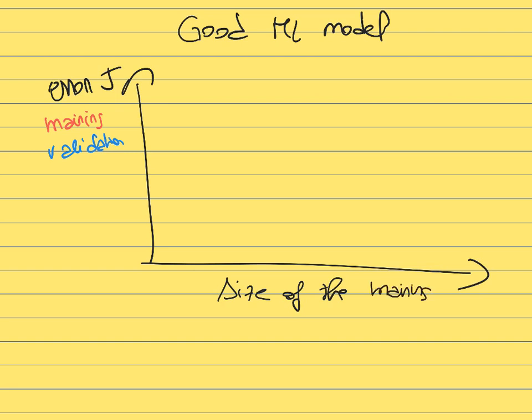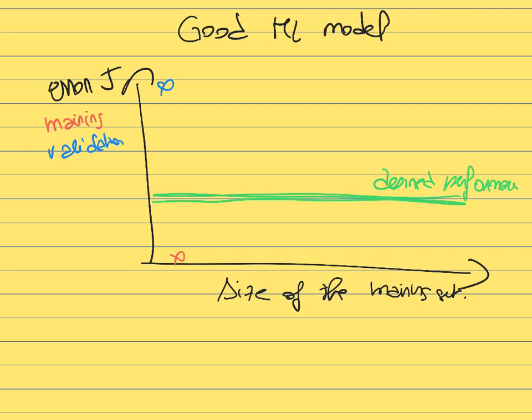So this doesn't change. The beginning still doesn't change. For a very small training set, your model will be very good for the training set and will be very bad for the validation set. Then you have here your desired performance.